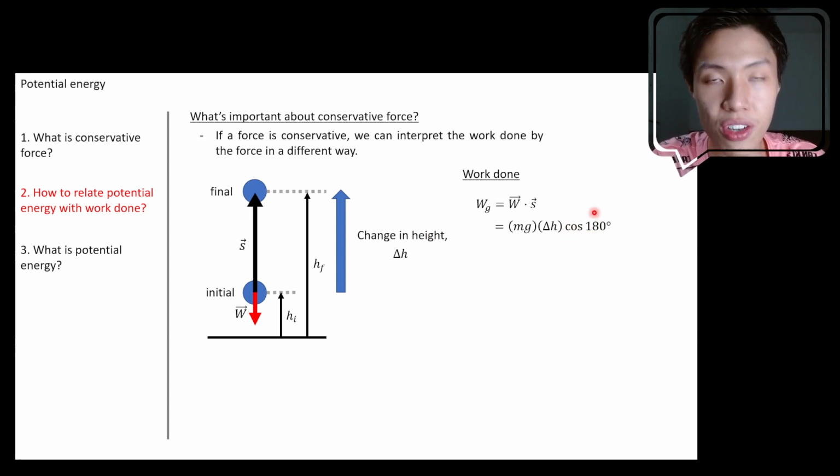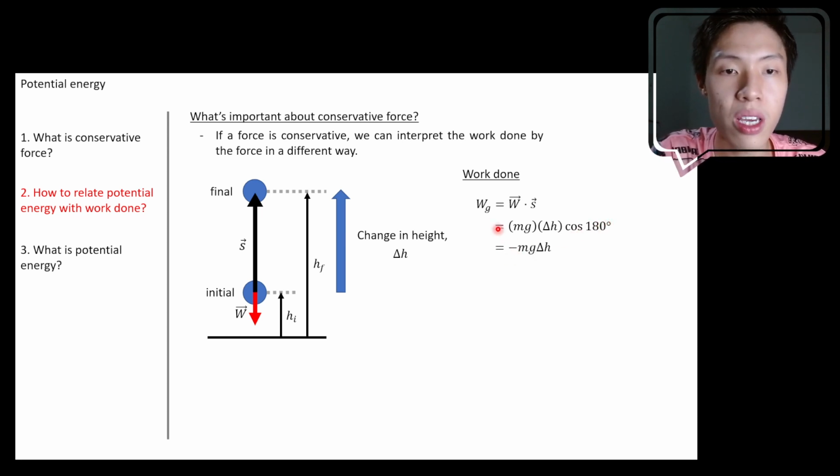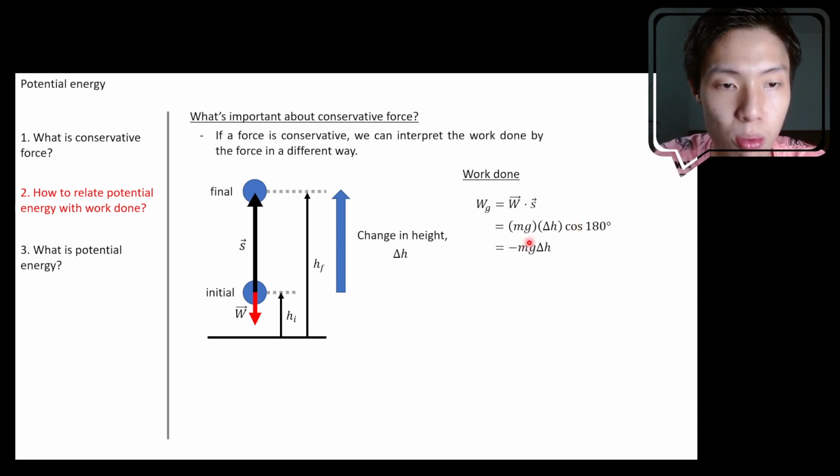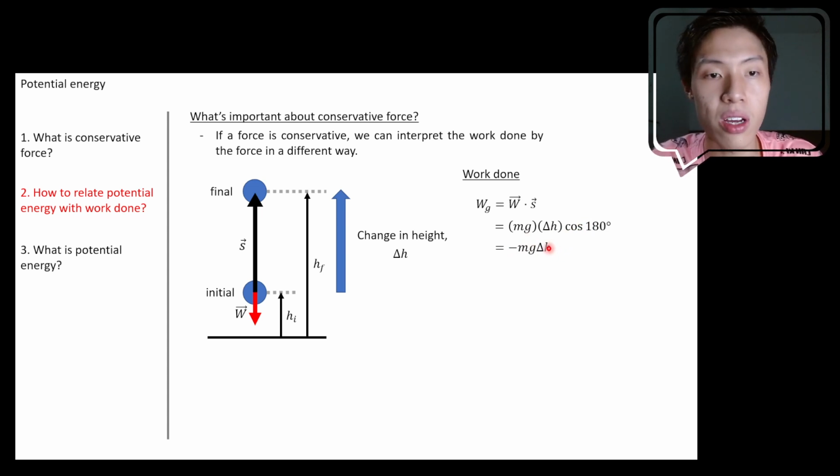Cos 180 degrees based on trigonometry is -1. So now our equation will be work done by gravity equals negative mg times the change of height. This is the work done by gravity, and we know that mg here is positive and delta h here is positive as well, because it's a magnitude of displacement. Magnitude of displacement must be positive. So positive multiplied with a negative sign.